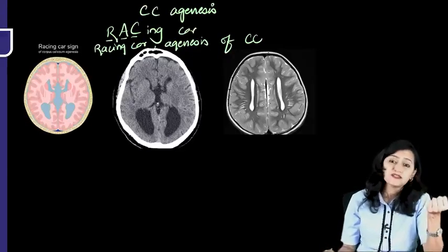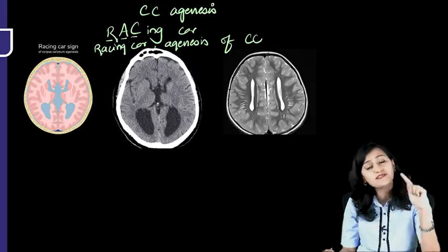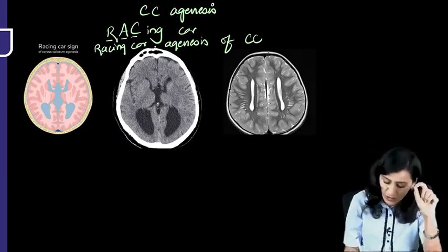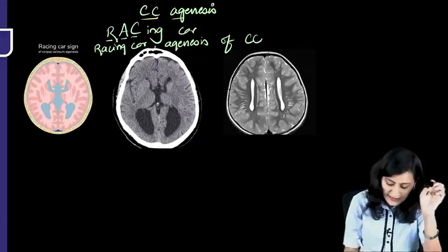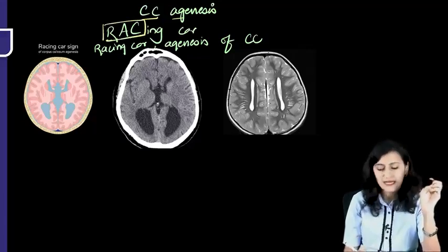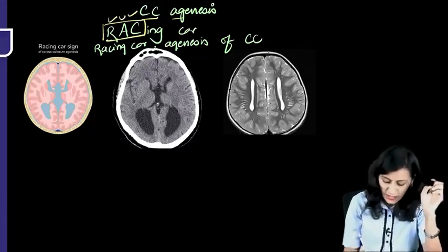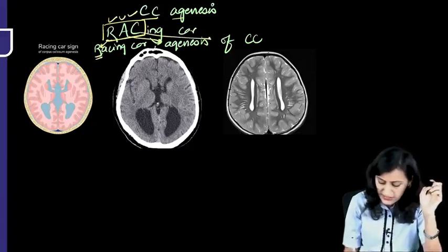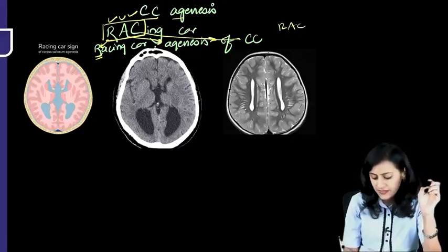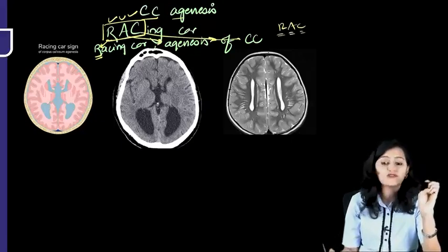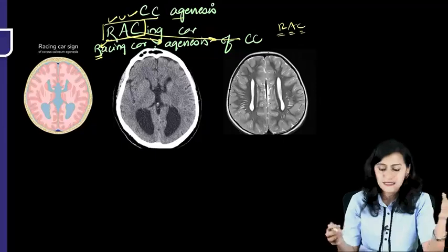Next, we saw corpus callosum lipoma. What do you see in corpus callosum agenesis? So remember, corpus callosum agenesis has the racing car sign. RAC is the mnemonic. Remember, R for racing car is seen in agenesis of corpus callosum. What is a racing car like?